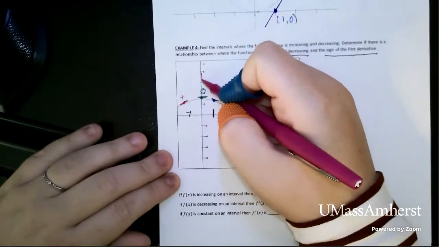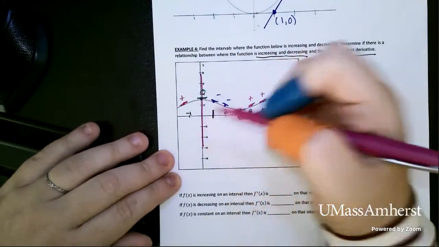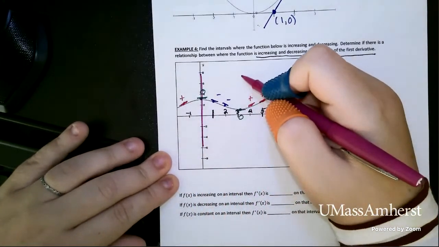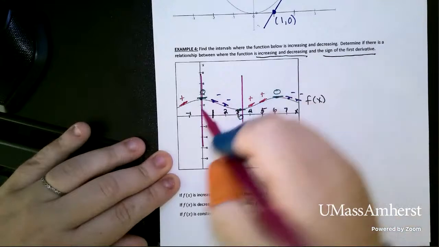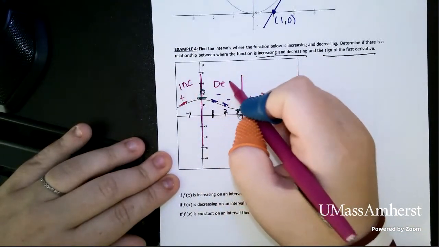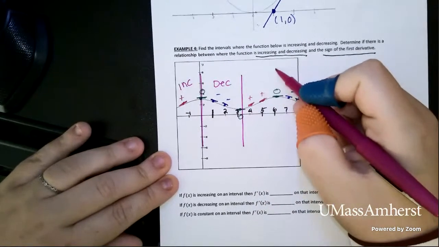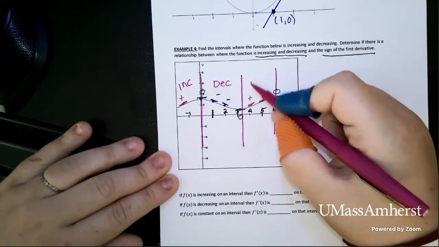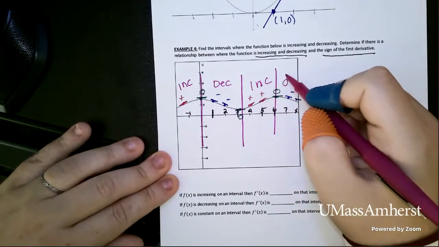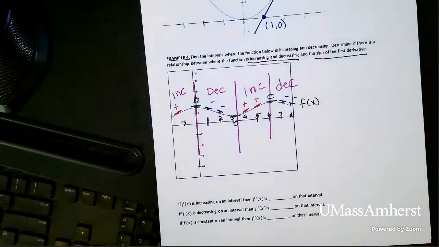So here is where I change from increasing to decreasing. Here I was increasing. Here I was decreasing. Here I was increasing again. Then over here I was decreasing again. Okay.